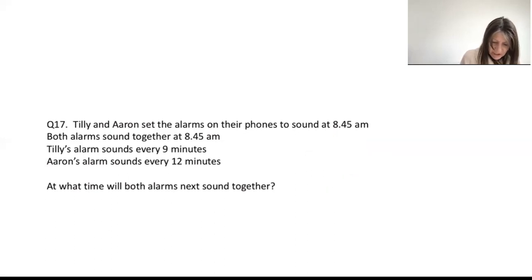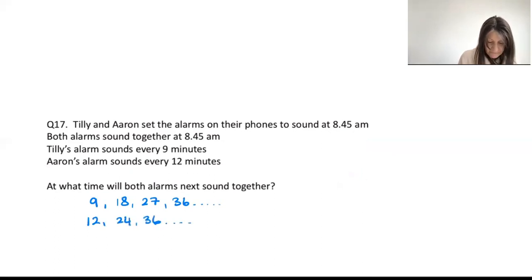And we're going to do every 9 minutes. So every 9 minutes would be 9, 18, 27, 36, and so on. Every 12 would be 12, 24, 36, and so on. But I can see that I've already listed enough to show that they are both going to go off again in 36 minutes. So what I'm going to do is add 36 to the 8:45.